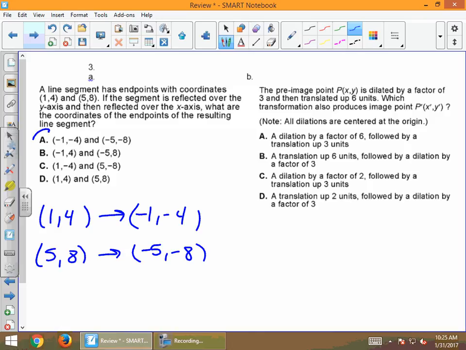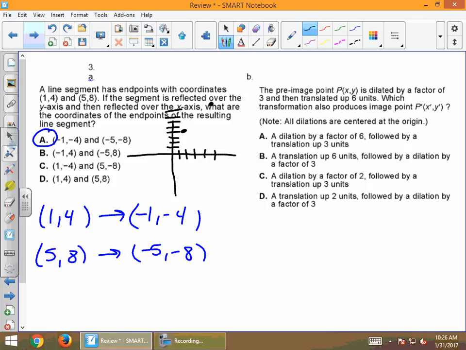Okay. If you don't remember that a double reflection like that is a 180-degree rotation, you could have just drawn your own coordinate plane and plotted the points, 1, 4 and 5, 8.